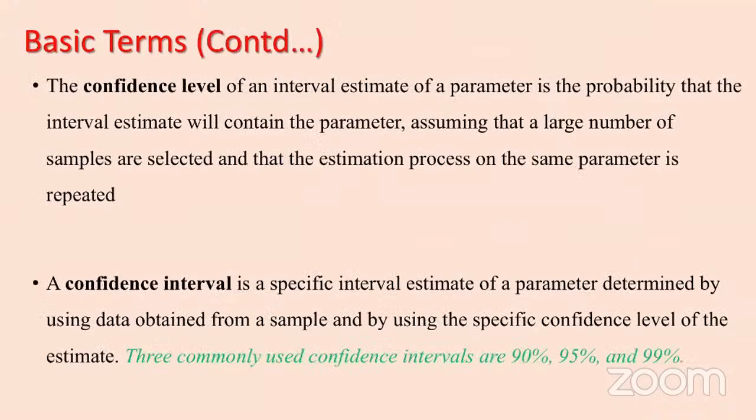So one more time, confidence interval. You have the basic idea about this now. Confidence level is the next term we want to learn. The confidence level of an interval estimate of a parameter is the probability that the interval estimate will contain the parameter, right?